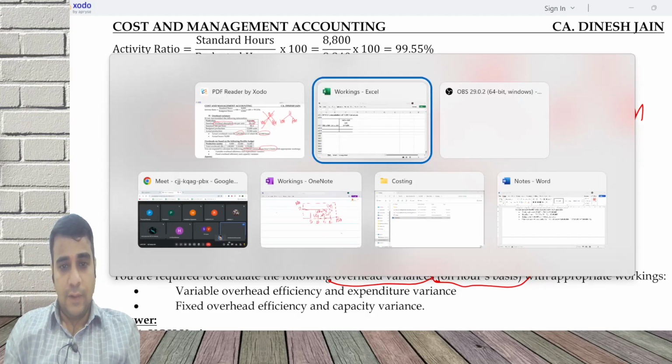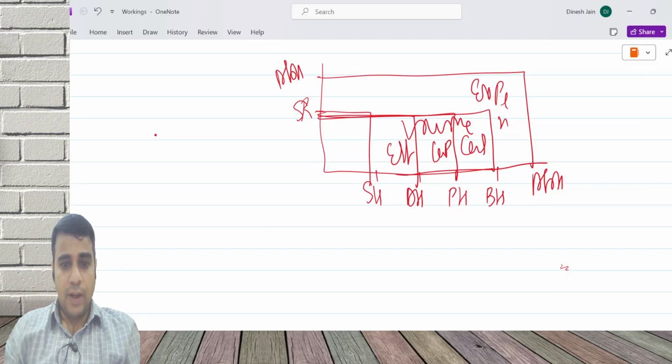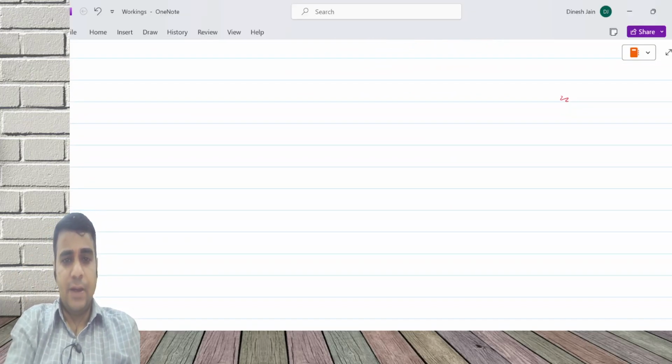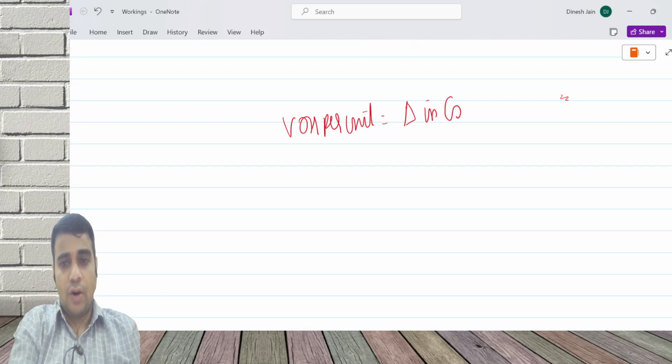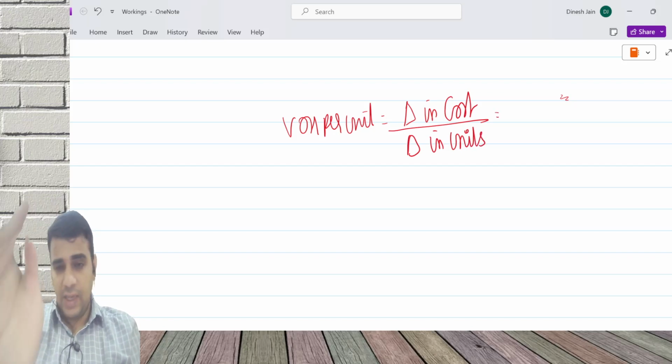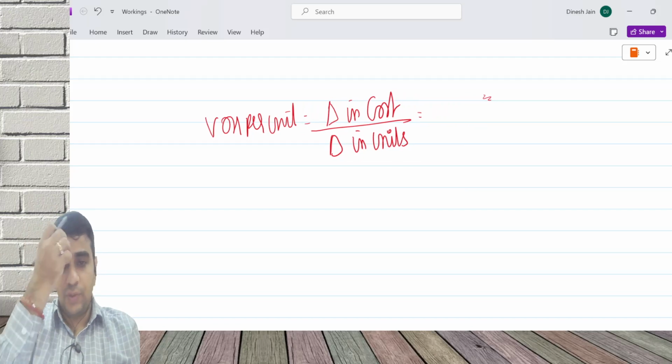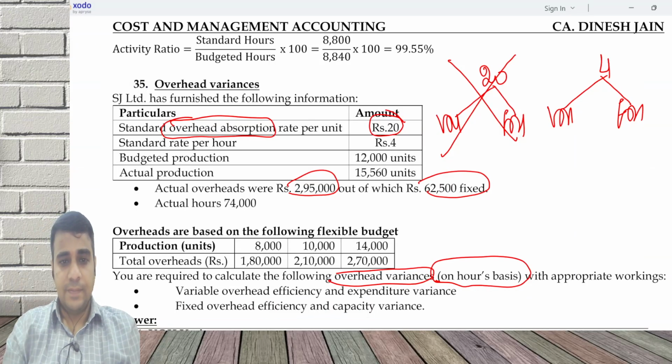Now come down, note point number 1. VC per unit, that is variable overhead per unit, is equal to change in cost by change in units.